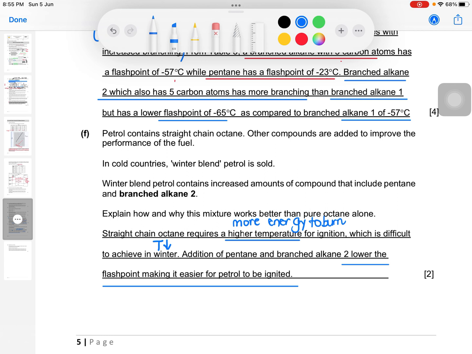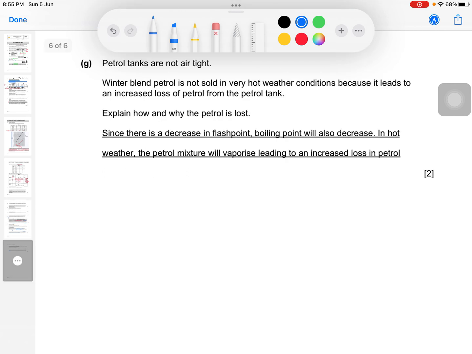Next question. Petrol tanks are not airtight. Winter blend petrol is not sold in hot weather conditions because it leads to increased loss of petrol. This increased loss of petrol is via evaporation.